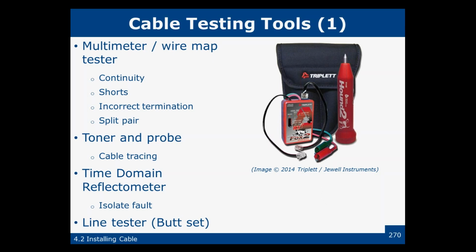The split pair: when we get the pair, it actually splits the pair and puts it into the wrong location when we do it. The wire testers themselves are something that can really help you out. We have reversed pair.